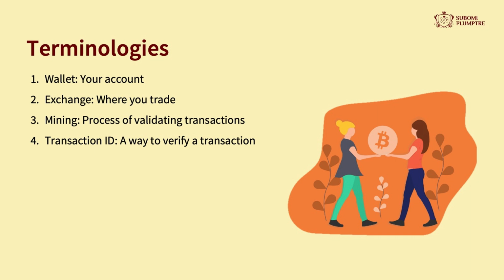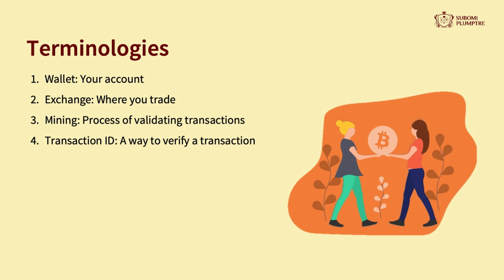Transaction ID is a way to verify a transaction. So anytime you trade a cryptocurrency or you buy and sell, usually a transaction ID will be issued. So similar to a bank transfer, when you do a bank transfer in Nigeria, there's a 30-digit number that is created that you can use to verify whether that transaction was successful or not, and it's usually found on your transaction receipt.